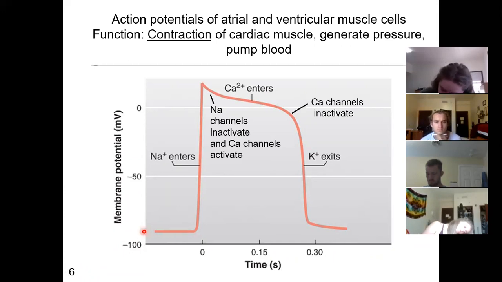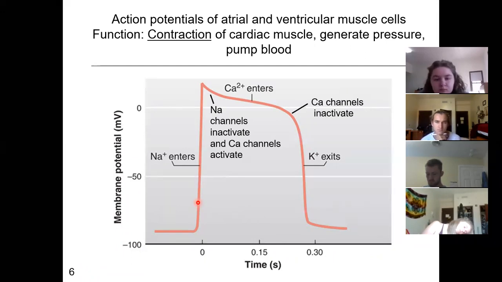These cells would stay at this negative resting membrane potential forever, but they get depolarized. Why do they get depolarized? Because their neighbor got depolarized. Why did their neighbor get depolarized? Well, we're working our way backwards because maybe their neighboring cell was a sinoatrial nodal cell that spontaneously fired an action potential.